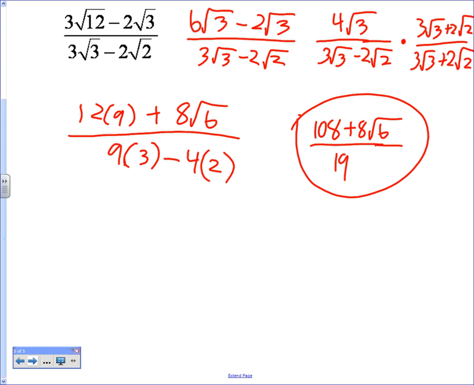Do you agree? Yes. No. That is not what I got first. Okay, I have 9 right there. No, I have 36. That's how I got it all. I have 36 plus 8. I have everything but that 108.